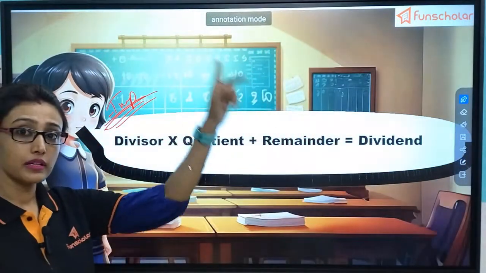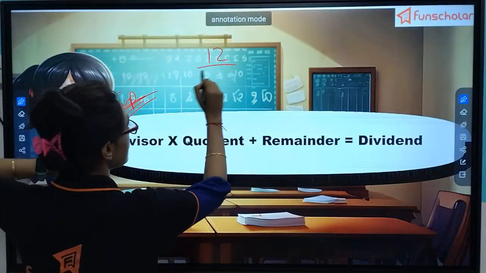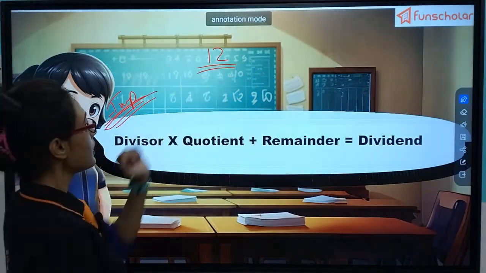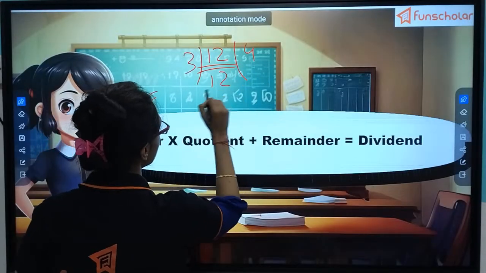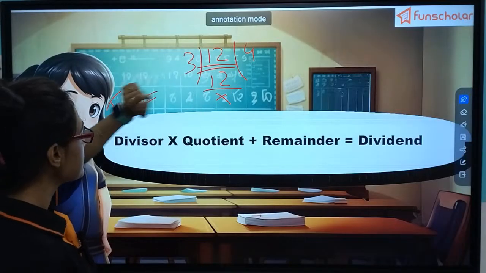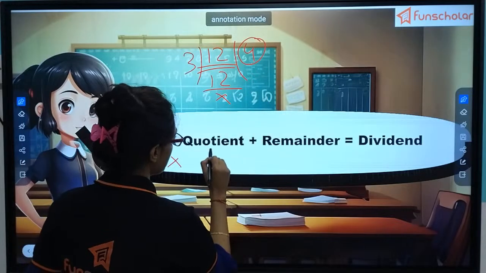So remember the first example I took of 12. Let's understand it with a smaller number. After dividing it with 3, we got no remainder. So here divisor is 3, quotient is 4.